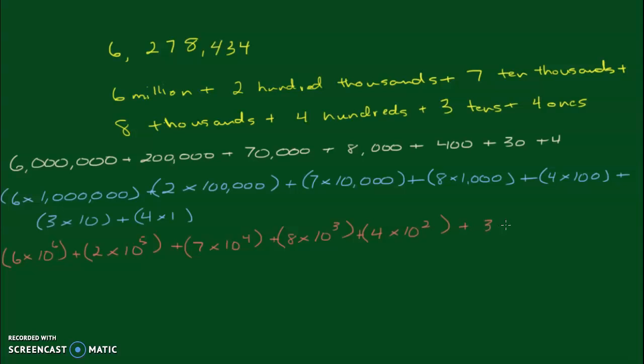Plus 3 times 10 to the first. Plus 4 times 10. And if we look here, since we're in the ones place, there's no 0. So it's going to be times 10 to the 0 power. And those are some examples of how to write numbers in expanded form.